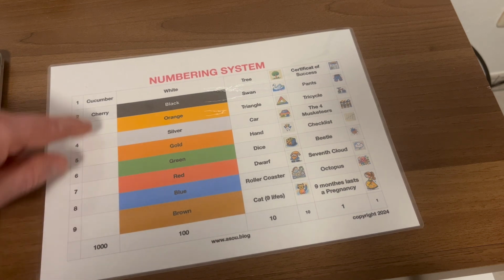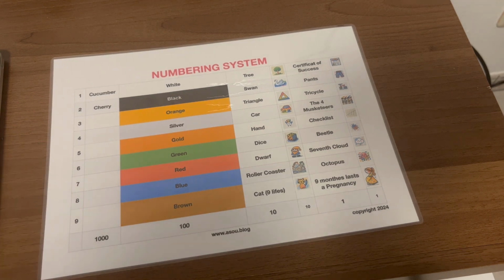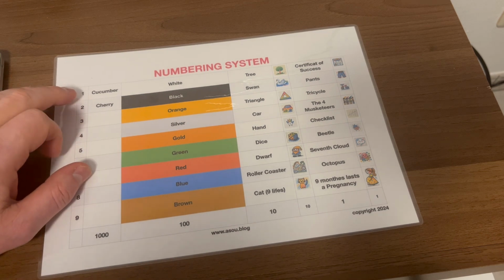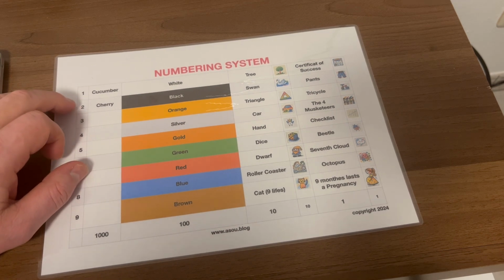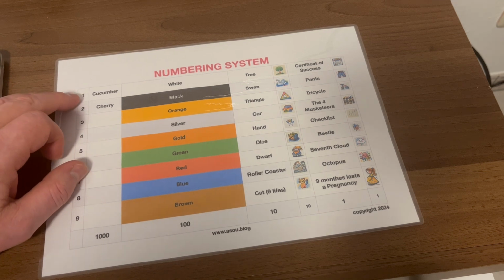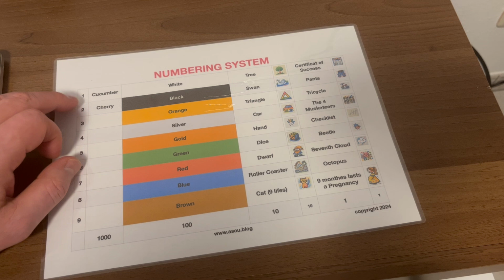You can imagine for the next numbers even what you want, but normally this first cucumber and cherry is enough, because in the history you only need 1,000 or 2,000.